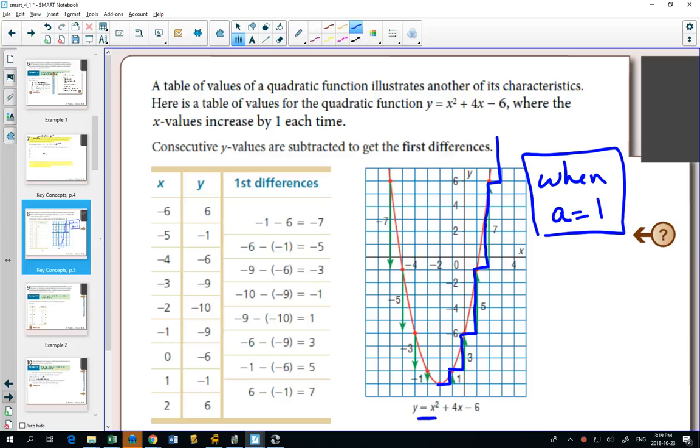Okay? With the slope of a line, remember when you did the slope of the line? You always went over 1, up the same amount, over 1, up the same amount all the time. That's what the slope of a line did. With parabolas, it's a curved shape, but it does follow a pattern. It goes over 1, up 1, then over 1, up 3, then over 1, up 5, then over 1, up 7, and so on, and so on.